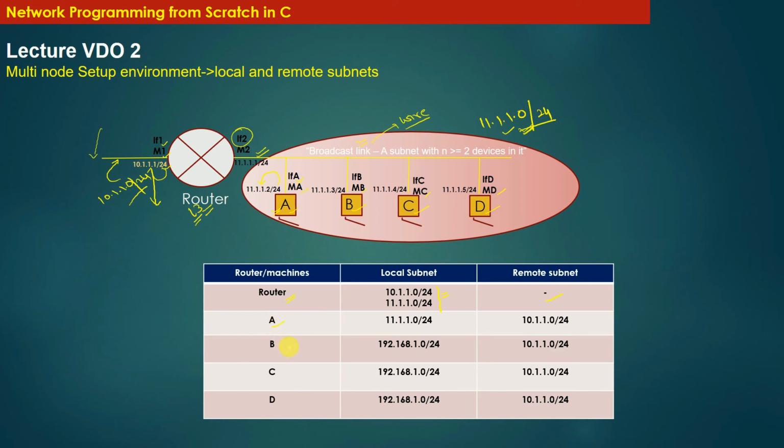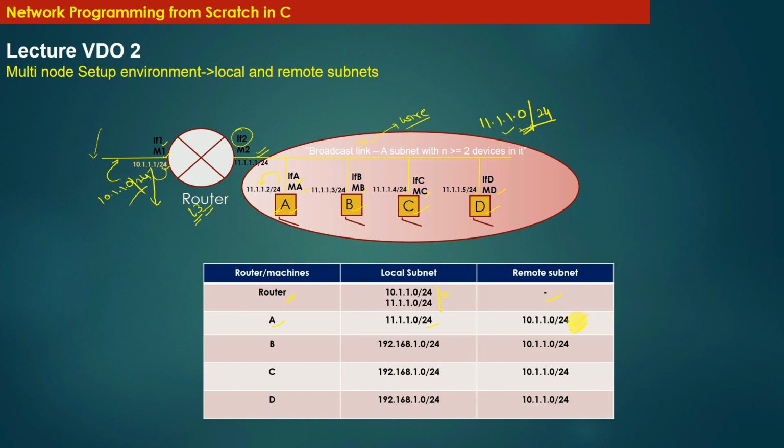Similarly, for machine A, what is the local subnet? The local subnet is 11.1.1.0/24. And what is the remote subnet for machine A? The remote subnet is 10.1.1.0/24. Why is it a remote subnet? Just apply the definition of the remote subnet and you will get your answer.